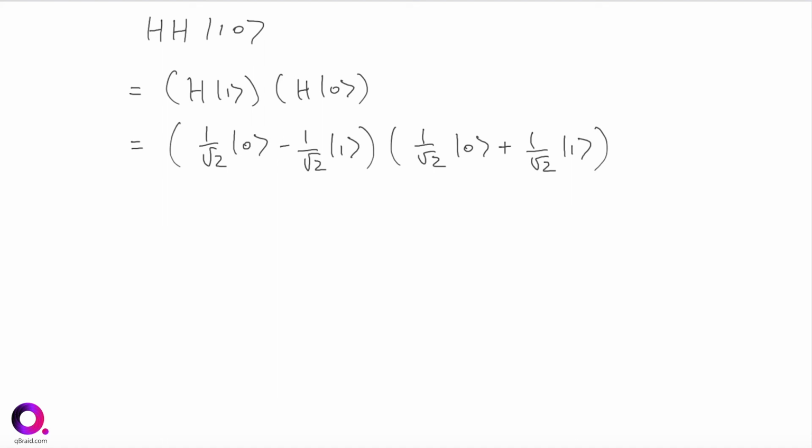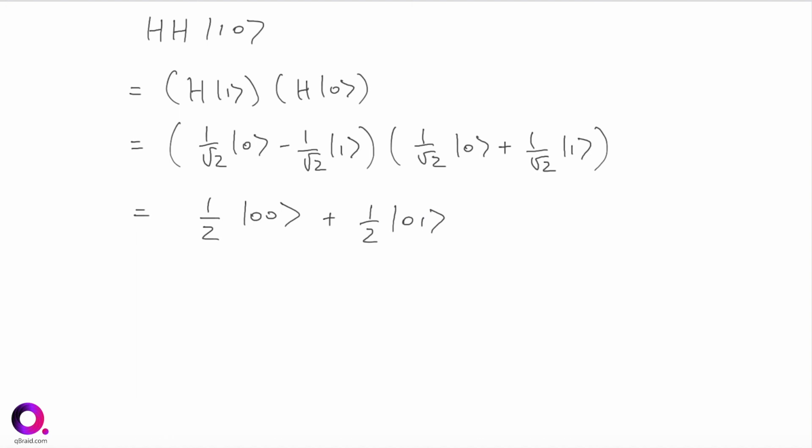And now we can expand this out and write it as a superposition over the 4 standard basis states. As usual, we apply the distributive property. What we get is for the 0, 0 term, 1 over square root of 2 times 1 over square root of 2, so 1/2. For the 0, 1 term, we're multiplying this times this. So again, we get 1/2, 0, 1.